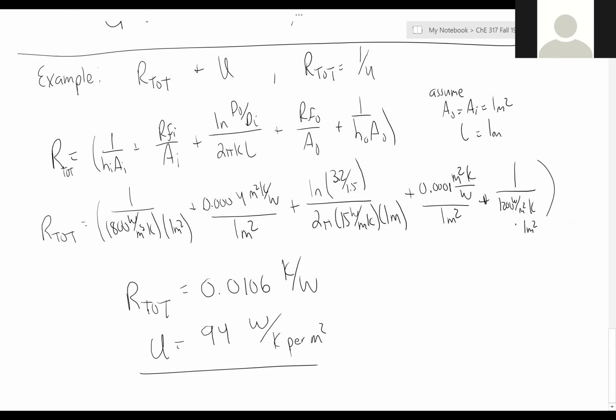Would your length not be a function of your surface area that you assume? It would, but for the intents and purposes of this problem, I really didn't give you, well, I guess I did technically give you a diameter. So you could technically back out the length.